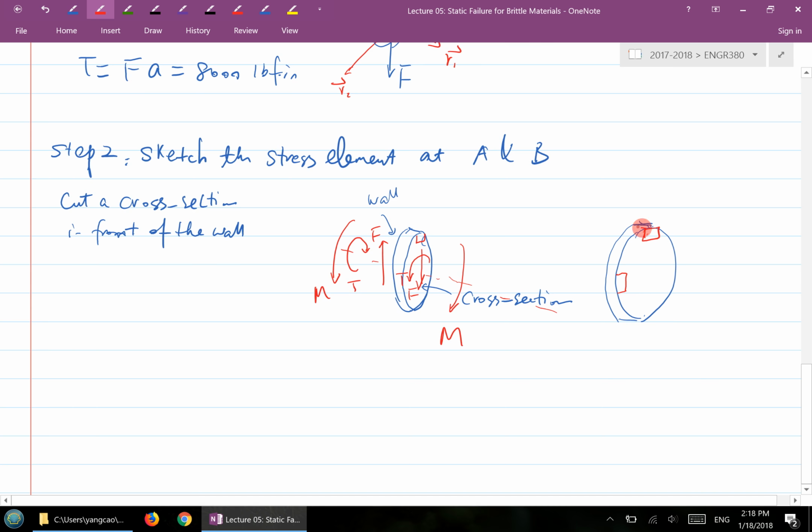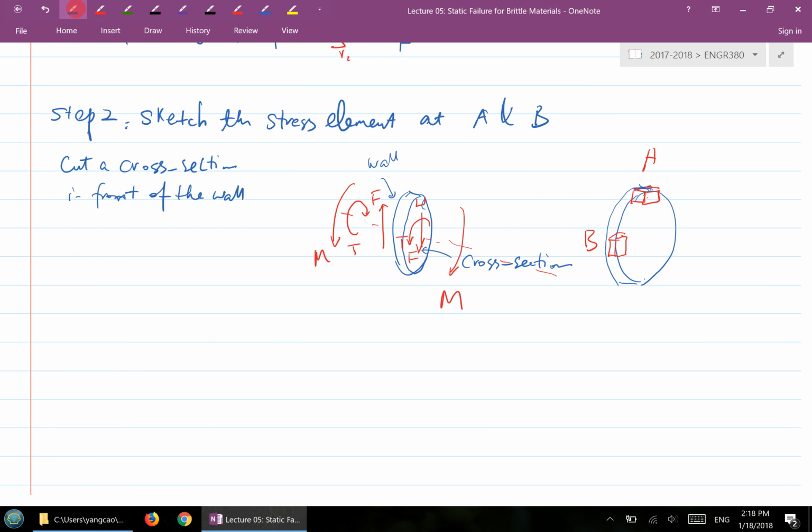Then you can extend the rectangle along the direction of the rod to make it a cube, right? So that's the two stress elements here. Okay, so here's A, here's B.